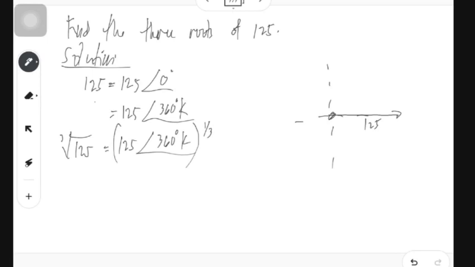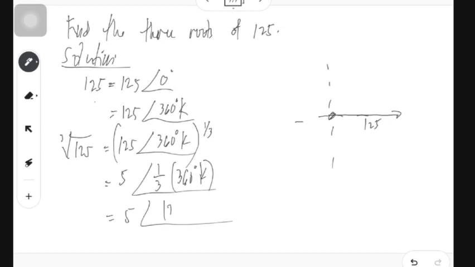The cube root of 125 is simply 5. While for 360 degrees k, it becomes 1/3 of 360 degrees k. If we simplify, 360 over 3 is 120 degrees k.